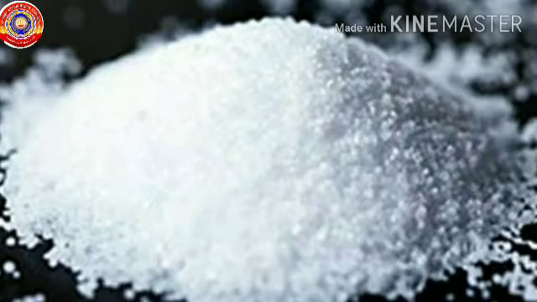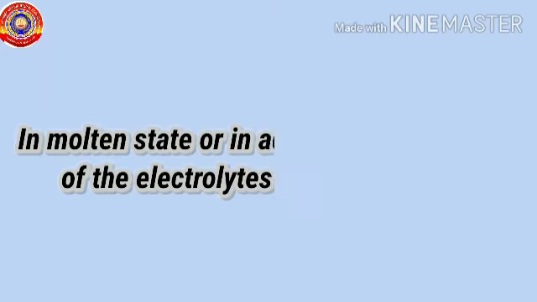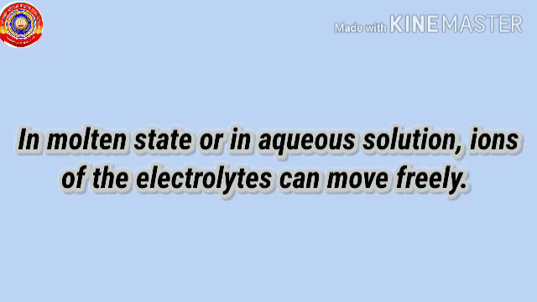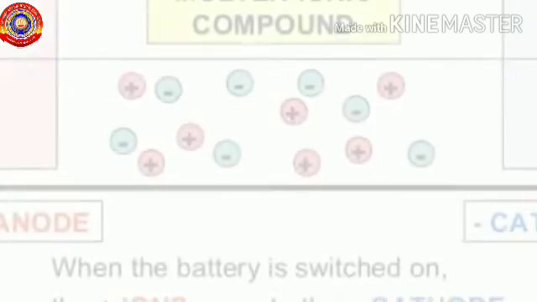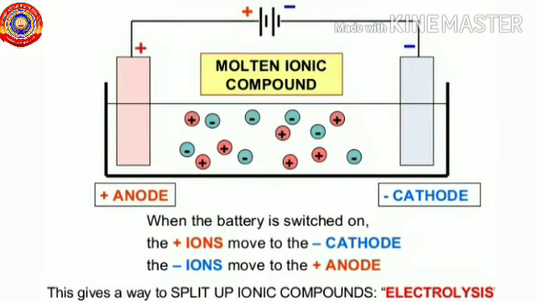Also, we know ions of the electrolyte can move freely in the molten state or in aqueous solution. When electricity is passed through molten sodium chloride, the electrolyte dissociates as positively charged sodium ion Na+ and negatively charged chloride ion Cl-. Now the ions are free to move.